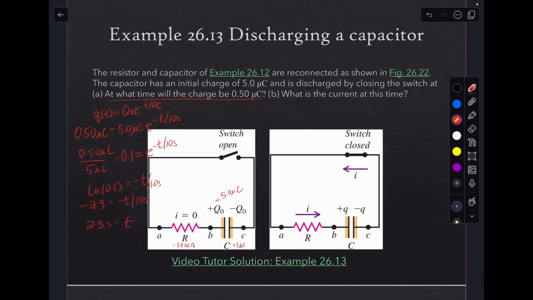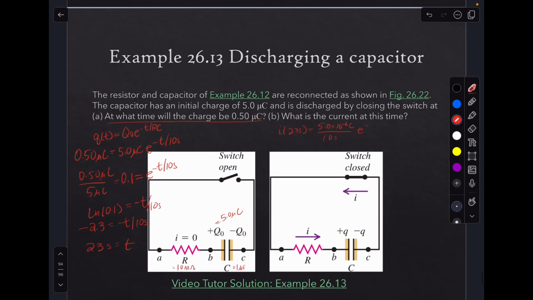So I at 23 seconds will be equal to the initial charge, 5 microcoulombs, divided by RC, which was 10 seconds, coulombs per second. That's our initial current. Times e to the minus t over RC, where t is 23 and RC is 10 seconds.